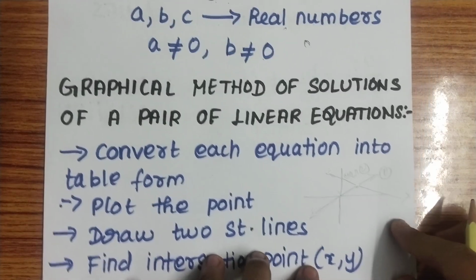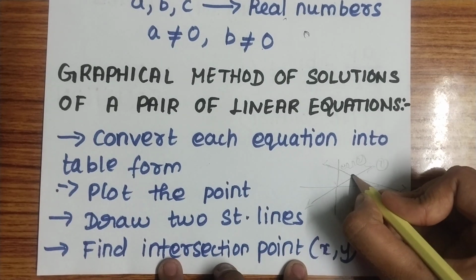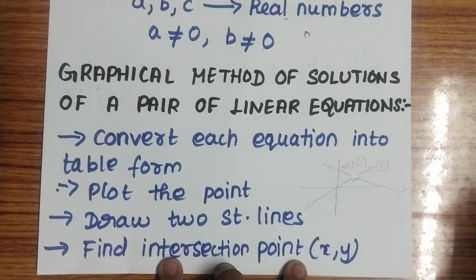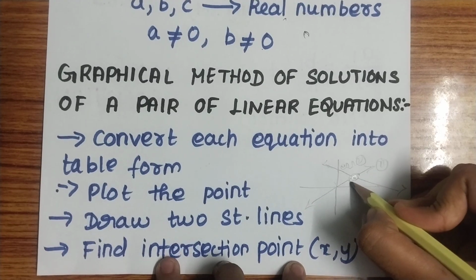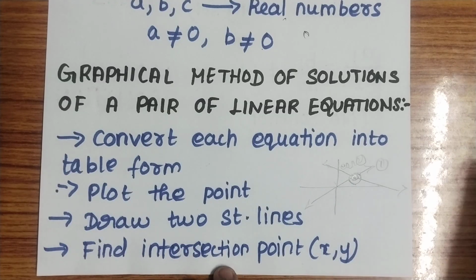Now I am extending them. Let me say this is my intersection point, where two lines meet each other at a point. So I can say this point is my solution of the given equations. Solution is nothing but where two lines intersect each other.